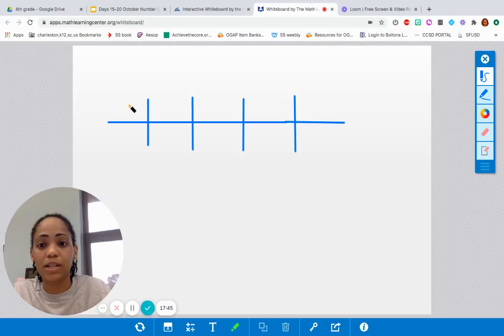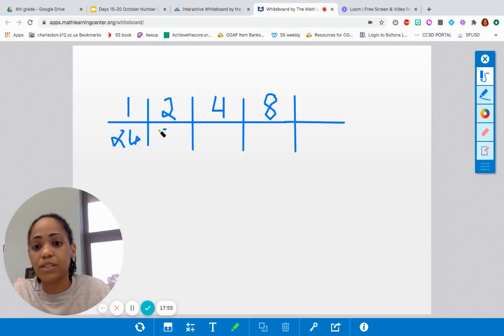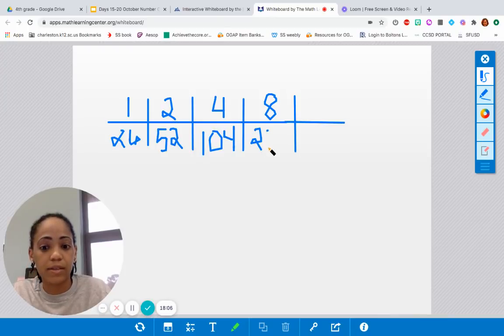And so this is what it would look like. 1, 2, 4, and 8. We have 26. We would have 52, 104, because I'm just doubling. And so then that would be 208.